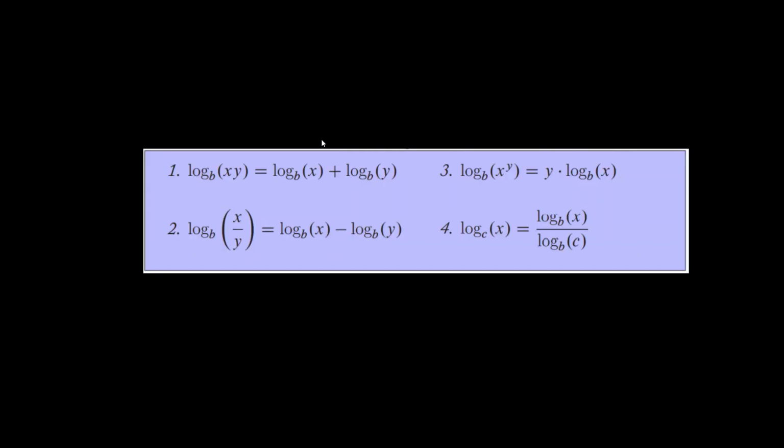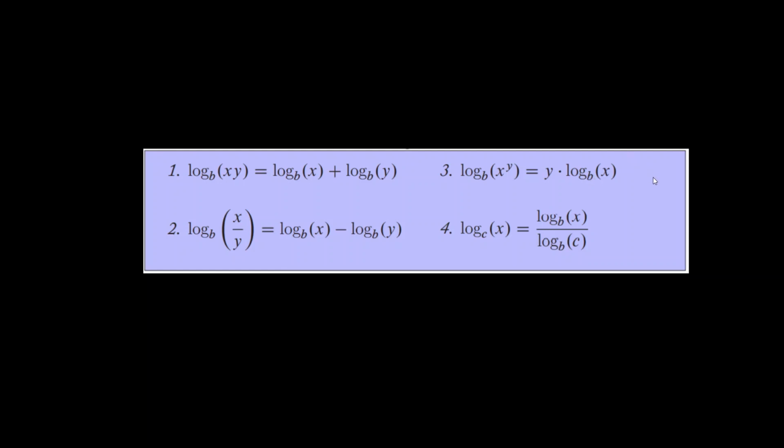So, ito rin po yung mga properties. Log b of x times y can be written as log b x plus log b y. Log b of x over y is equivalent to log b x minus log b y. Log b of x to the y is equivalent to y. Pwede mo siyang ibaba.